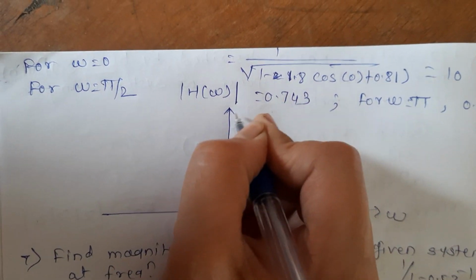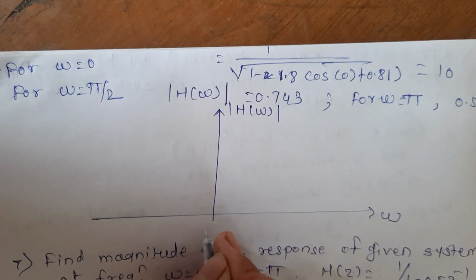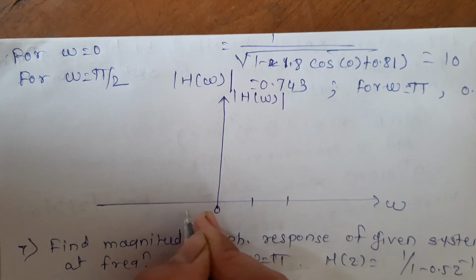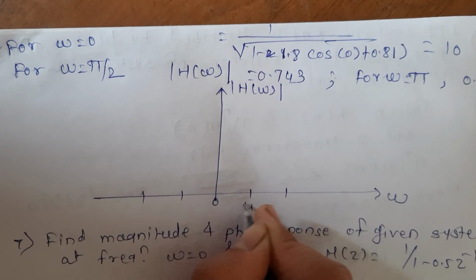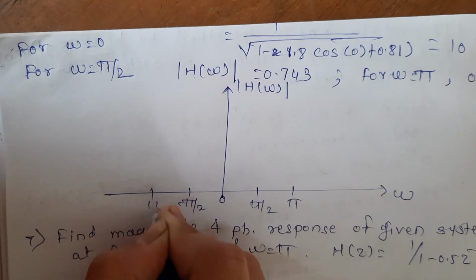This is omega, this is magnitude, here it is 0, here it is pi by 2, pi, minus pi by 2, pi.